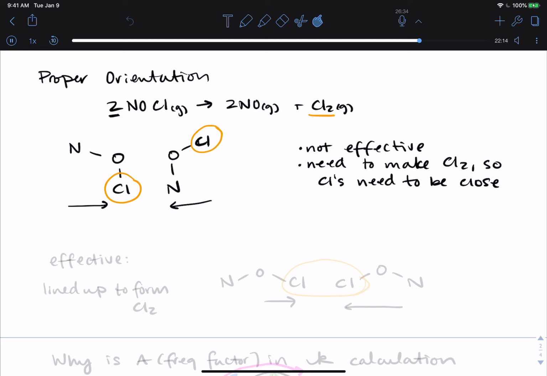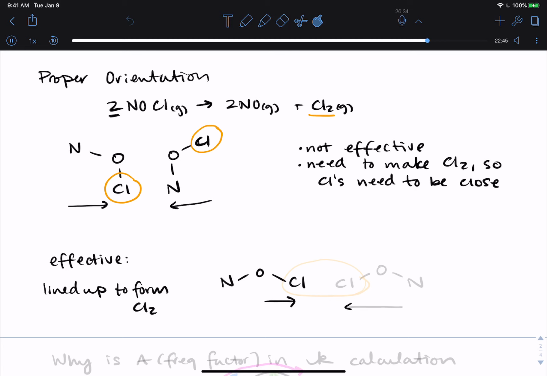So let's take a look at what an effective setup might look like. It could be any number of ways that they run into each other, but any way that they are lined up to form Cl2 would be an effective collision. One example would be a molecule oriented this way moving to the right.